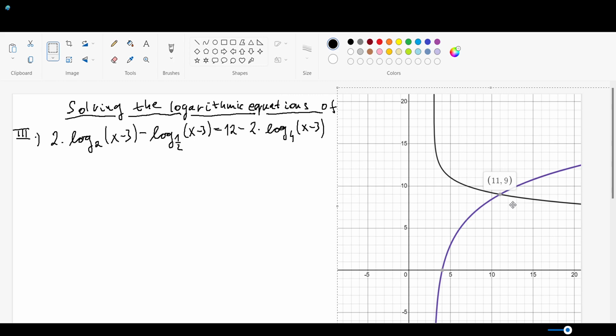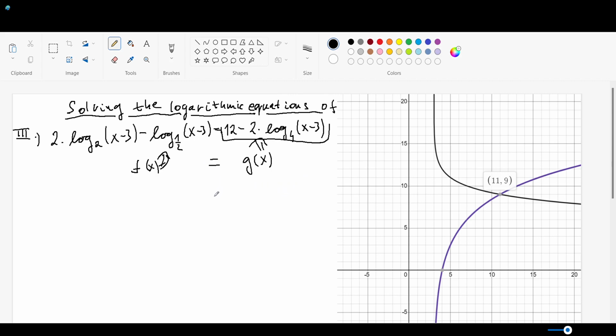The blue line represents the function on the left side, f of x, and the black line represents g of x, the function defined by the right side of this equation.